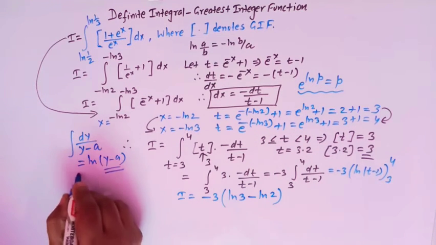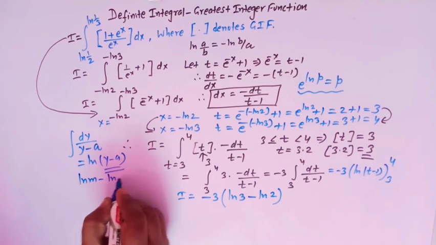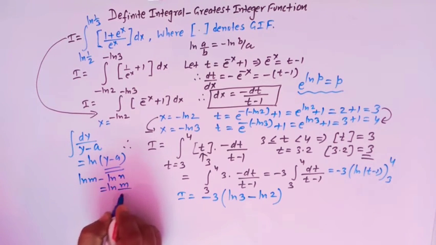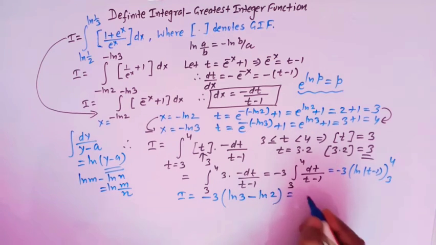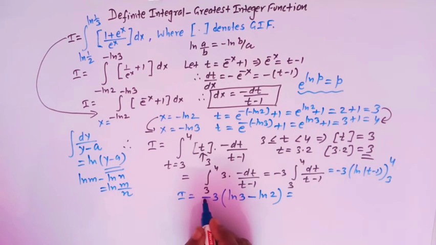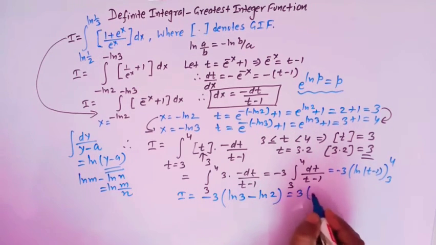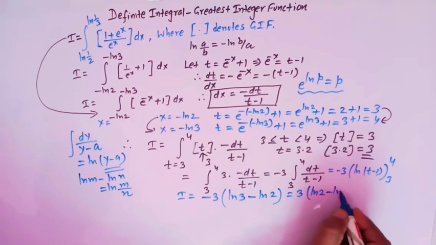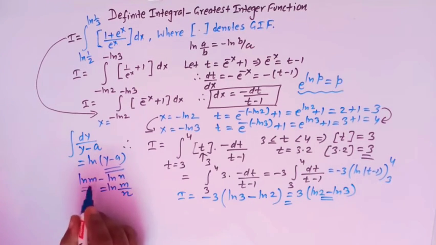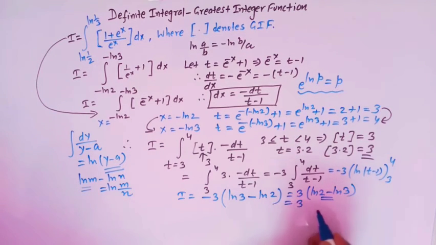Now we know that log of m minus log of n is equal to log of m over n. First we can take this negative sign inside the bracket. So we have 3 times (log 2 minus log 3), and now applying this rule we have 3 times log of 2 over 3.